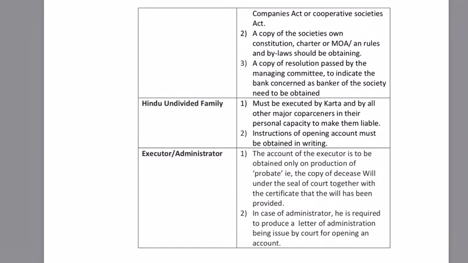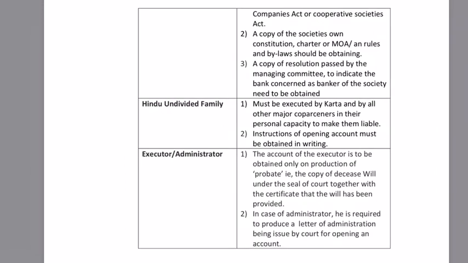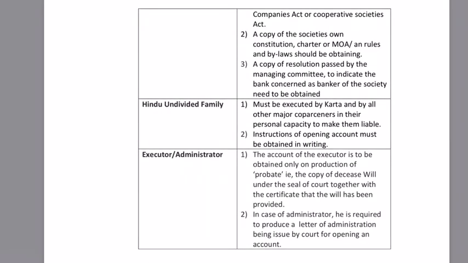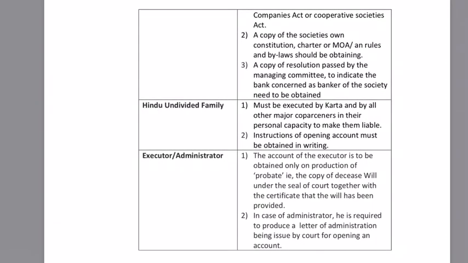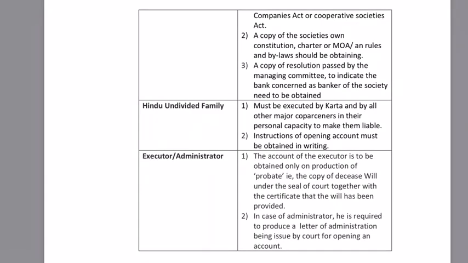Okay, a copy of the society's own constitution or charter or memorandum of association or bylaws is requested, and a copy of the resolution passed by the managing committee of the society to indicate the bank concerned as the banker for the society will also be required. So all these copies are required.